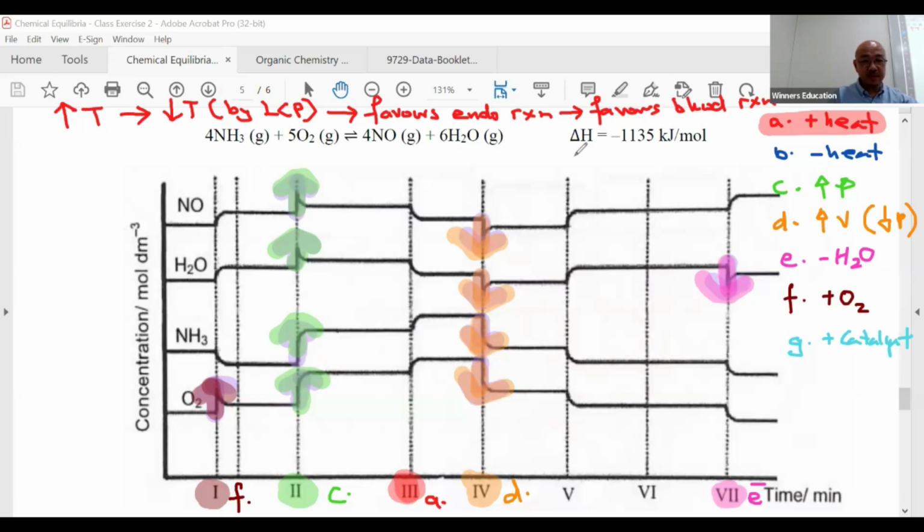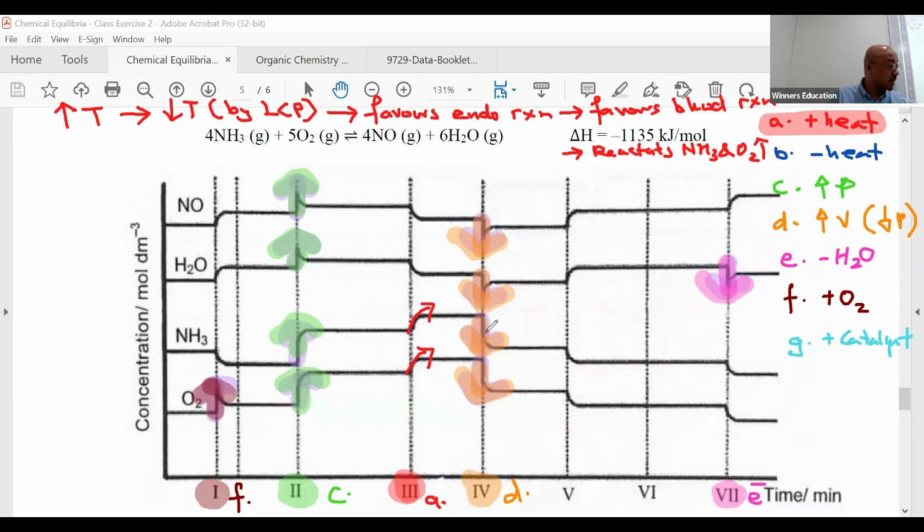If you favor a backward reaction, let's take a look at your reactants and product. What will happen? Your reactants, which are your NH3 and O2, their value will increase or decrease? Increase. And take a look, did you see them increasing in number 3? It did increase.